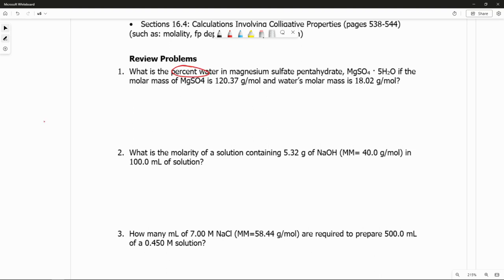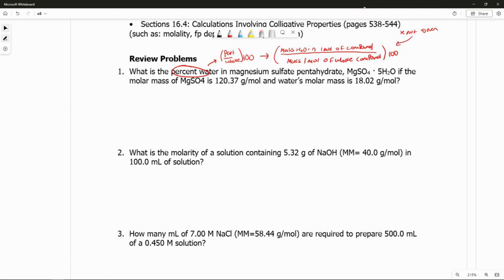The formula for percent water is part over whole times 100, which means the part will be the mass of water, mass H2O, in 1 mole of compound, over the mass of the 1 mole of the whole compound, times 100. This is not given on your test, so you have to memorize this.